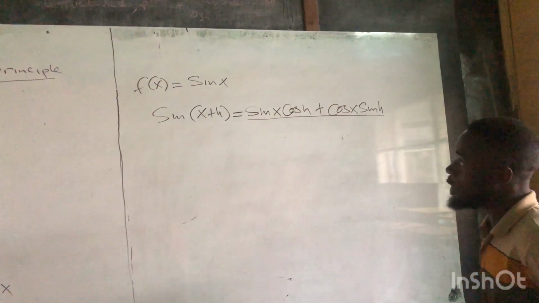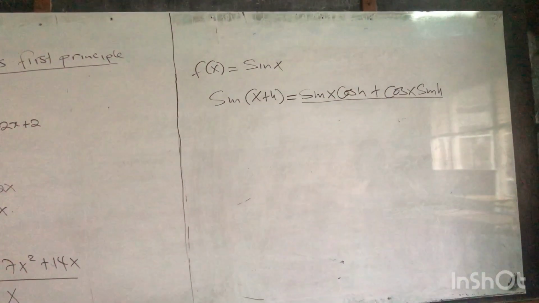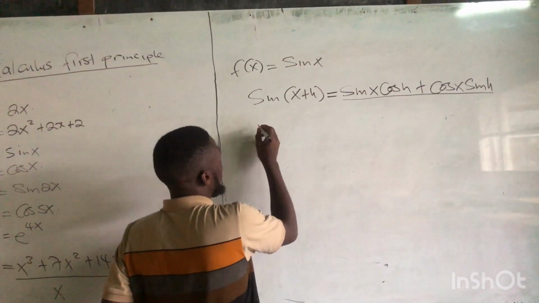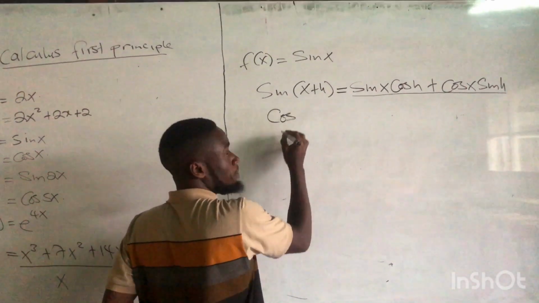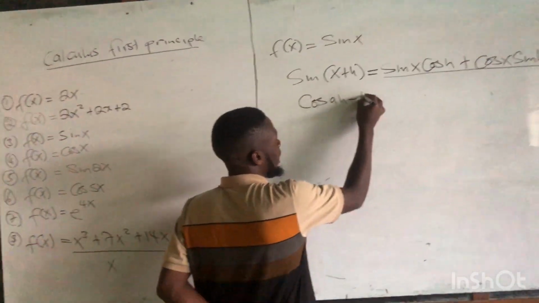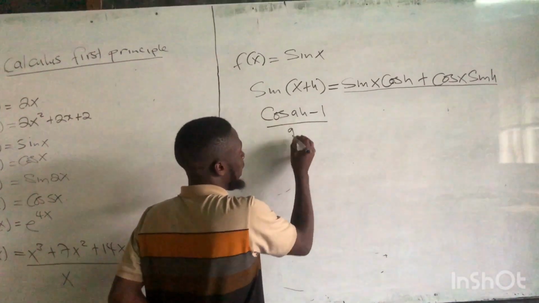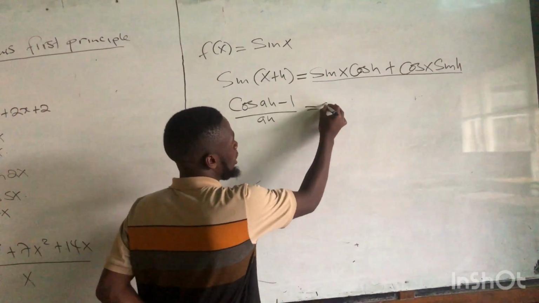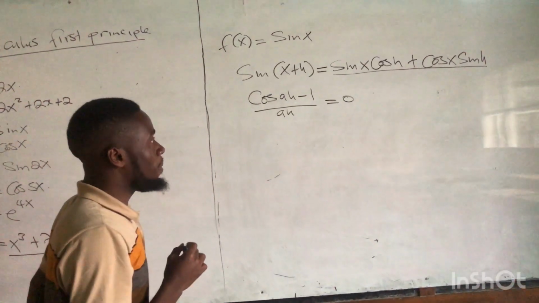So this is the formula we need to understand before we solve this question on sine. And the other thing we need to understand is when you have something like cos h minus 1 over h, let's say h is equal to 0. So what do I mean by this?